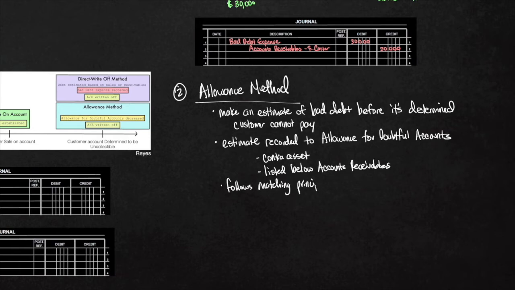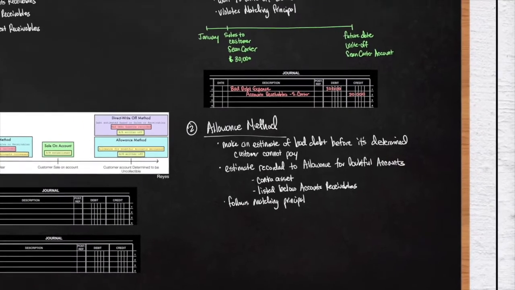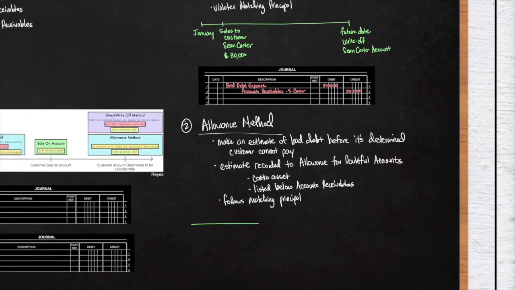Note that the allowance method follows the matching principle because it will match the revenue generated to the related expense. I'm going to draw another timeline here to compare the allowance method with the direct write-off method. Just like above, the beginning of the period is January, and shortly after January, there is a sale to a customer named Sean Carter for $30,000.